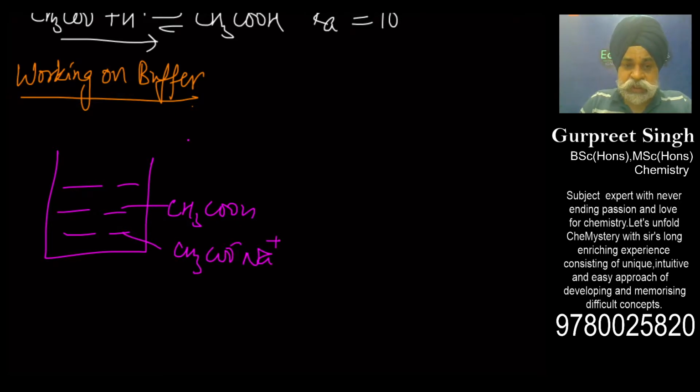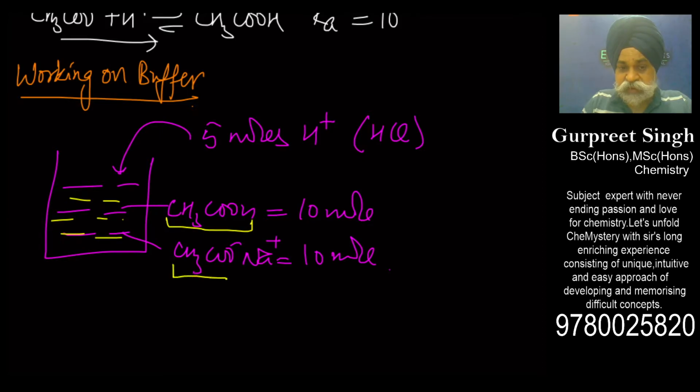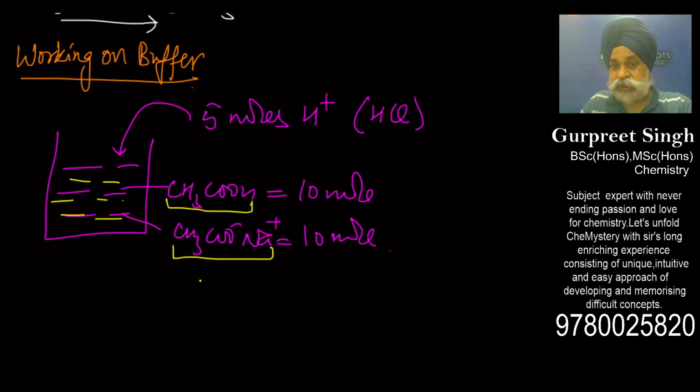Let's say here you have 10 moles of it, and here also you have 10 moles of it. And into this you added 5 moles of H+, and that H+ may come from HCl. Now in this solution two entities are there, sodium acetate and acetic acid, and into that you added 5 moles of H+.